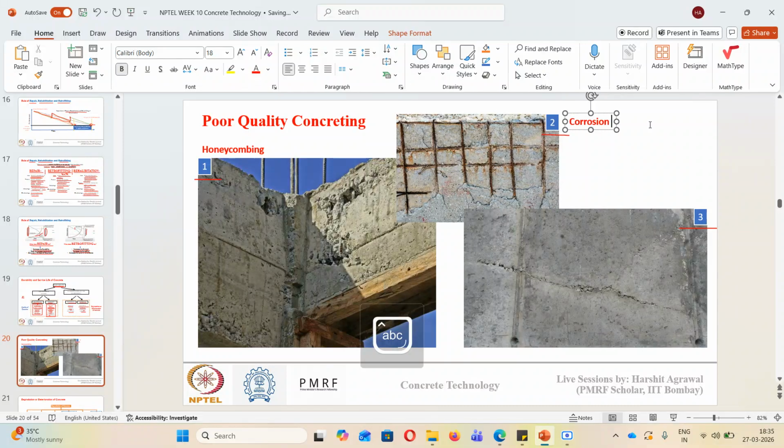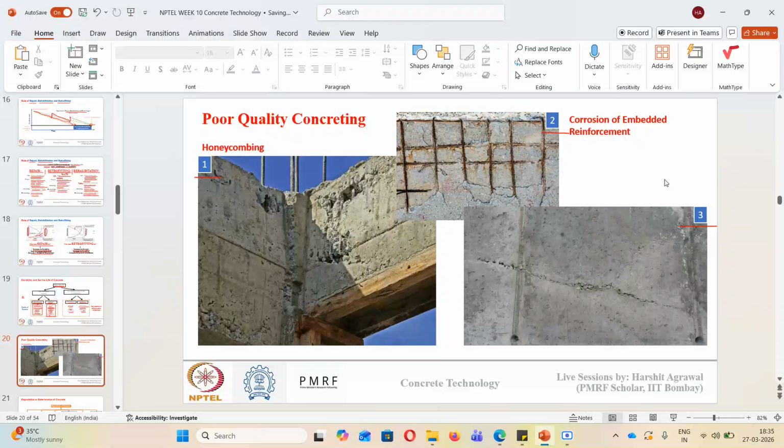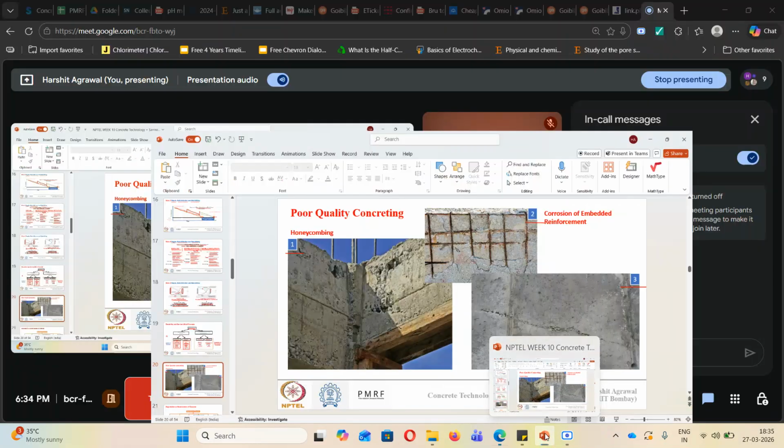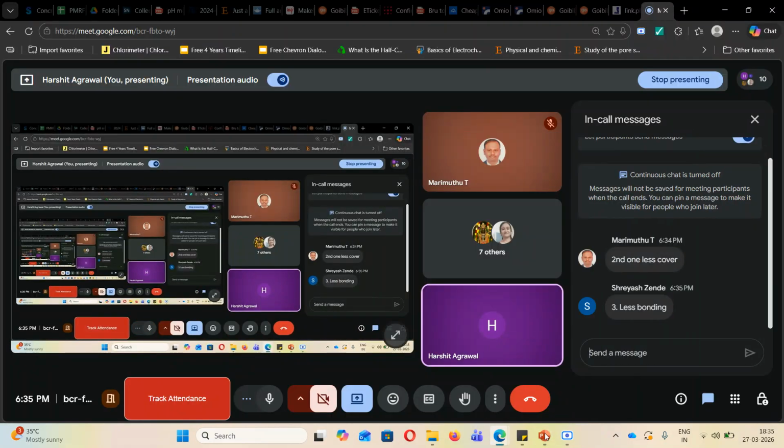Now, just think about the third image. What type of degradation is this third image representing? Yes, the second one is less cover.